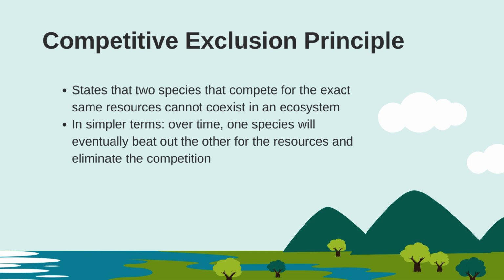In simpler terms, over time, one species will eventually beat out the other for those resources and they'll eliminate their competition. Now, this isn't taking into account if these organisms have multiple sources of resources that are different. So maybe they have some that overlap that others don't. This principle applies when they share all of the same resources and they're competing for those critical ones.